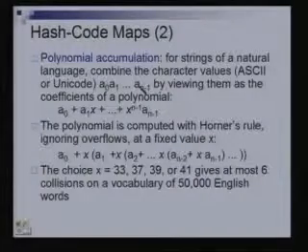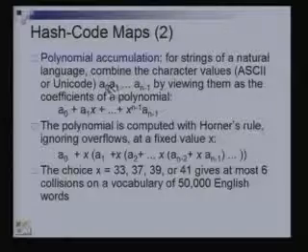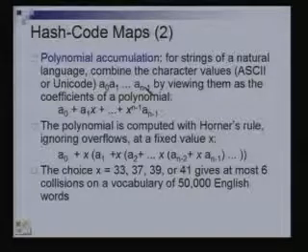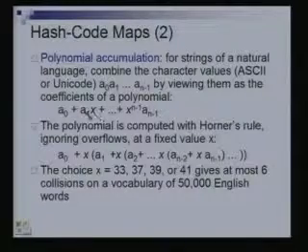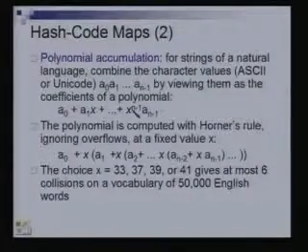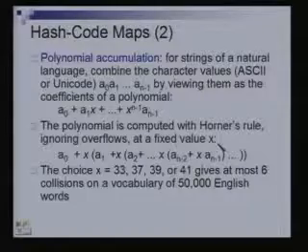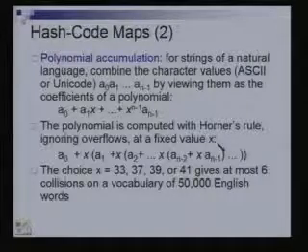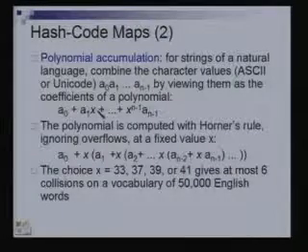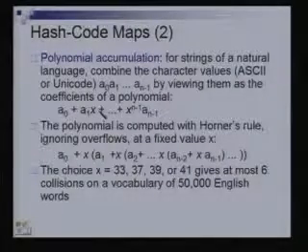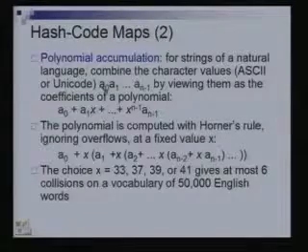Now you are going to think of it as a polynomial whose coefficients are A0, A1 up to An minus 1. So this is your polynomial A0 plus A1x and so on, and now you are going to evaluate this polynomial at a certain value of x, and that value is going to be the integer corresponding to this string.